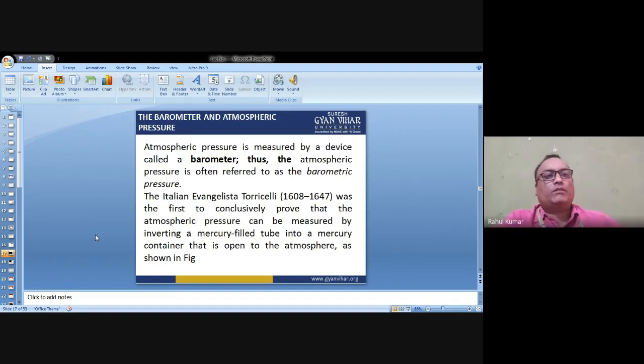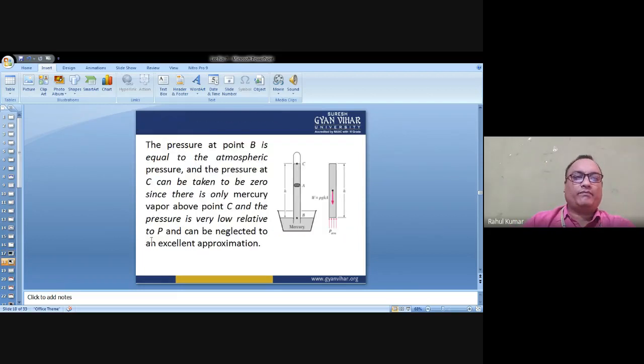Thus, the atmospheric pressure is often referred to as the barometric pressure, and this was first done by the Italian Evangelista Torricelli, 1608 to 1647, who was the first to conclusively prove that atmospheric pressure can be measured by inverting a mercury-filled tube into a mercury container that is open to the atmosphere, as shown in the figure. This is the figure. Here we put the mercury, and this is the tube.